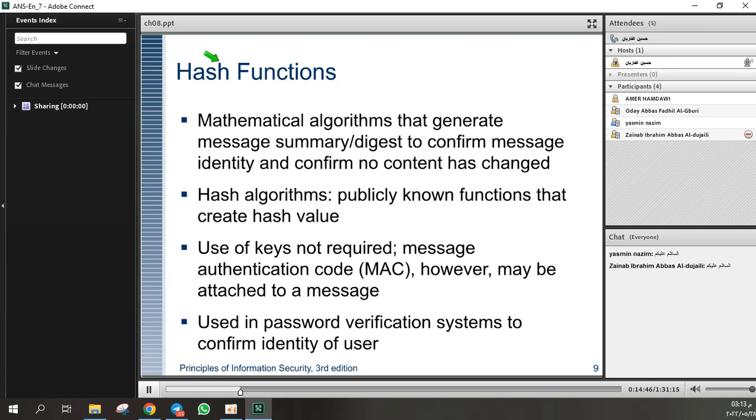Also, we have another function too, the hash function. A hash function is a mathematical algorithm.